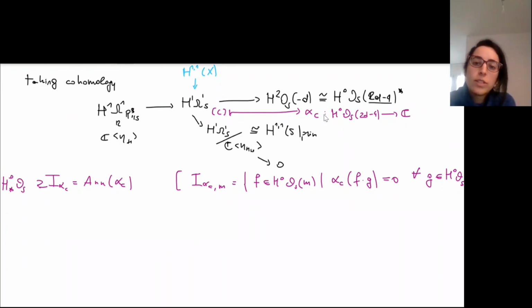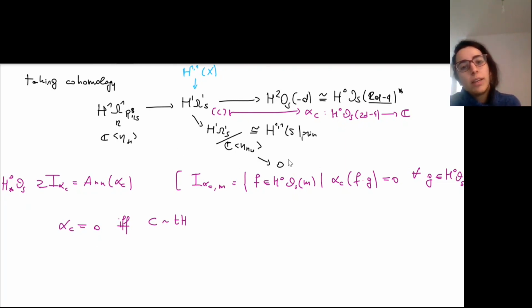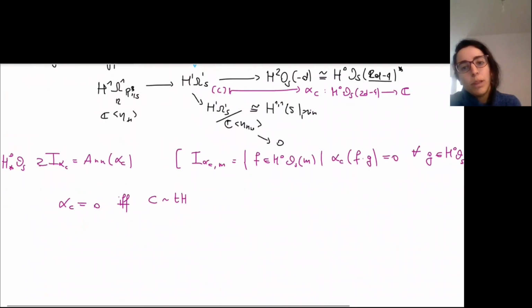And we see also that if alpha C is 0, the ideal is all the space. This happens if C is linearly equivalent to a multiple of the hyperplane class, if it's a complete intersection. So again, if we want something that is non-trivial, we have to work with another Lefschetz loci.